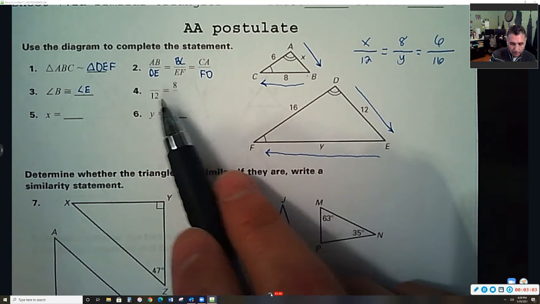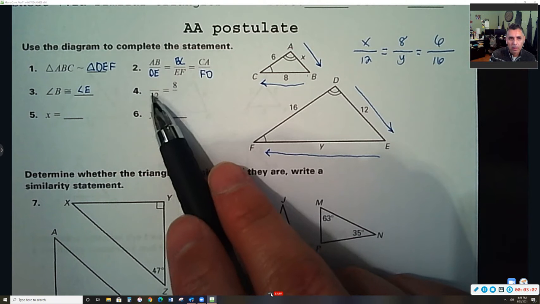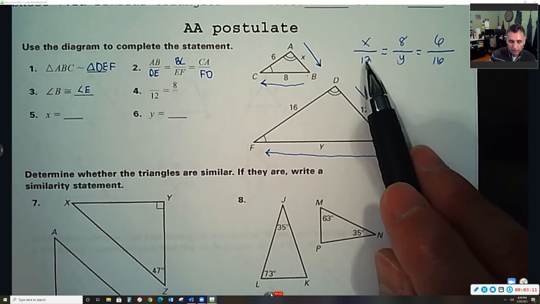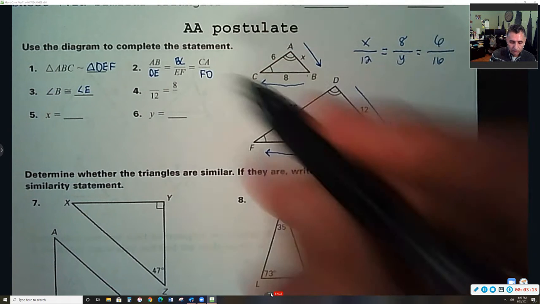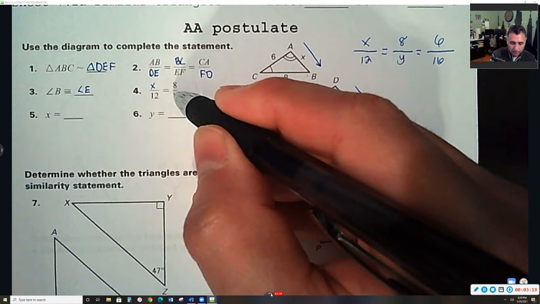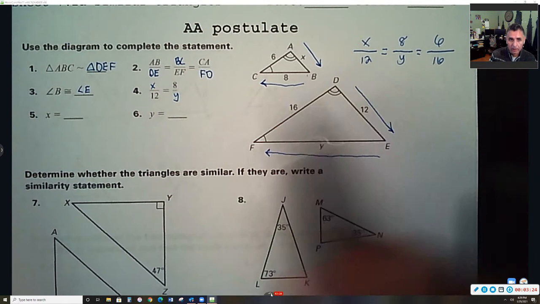Right? Well, if you look at the fractions, there's 2 fractions here. I'm going to figure out what goes on top and what goes on the bottom here. Well, if you come back to this, it looks like x over 12 and then 8 over y. Because this is 6 and 16, right? It wasn't either one of these.